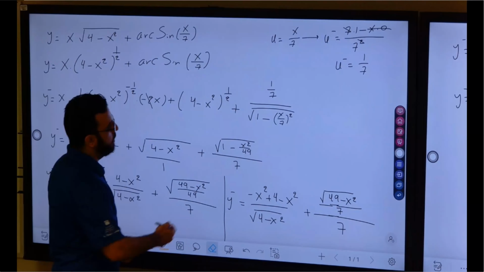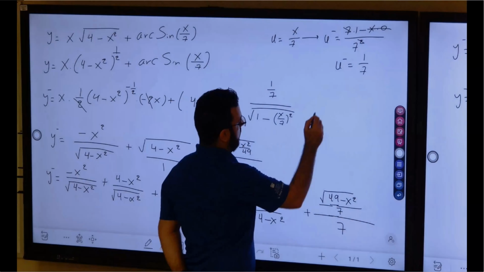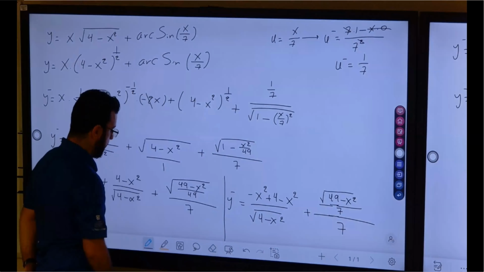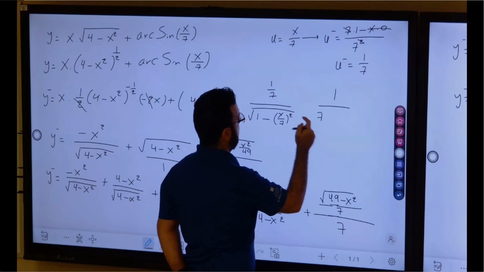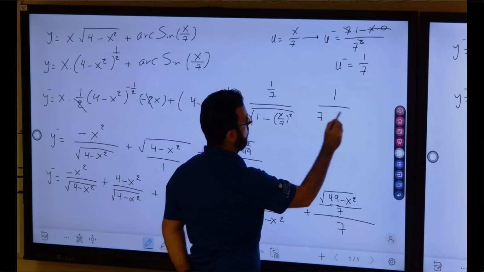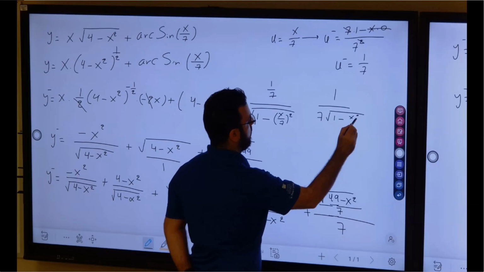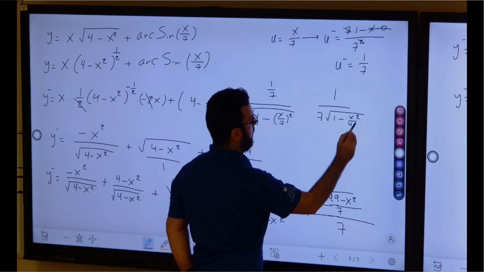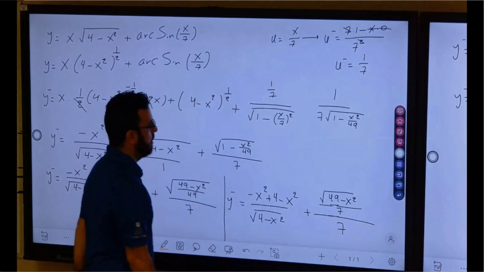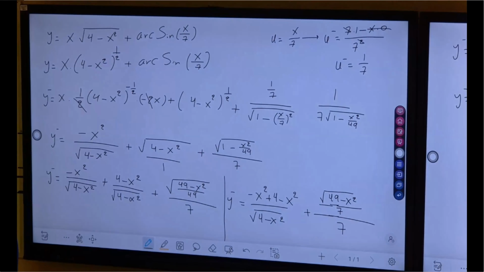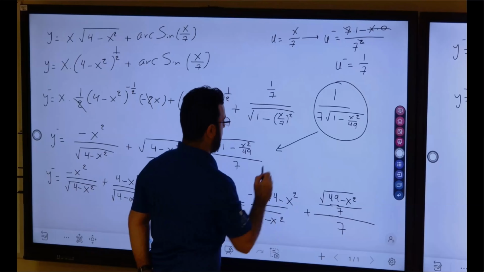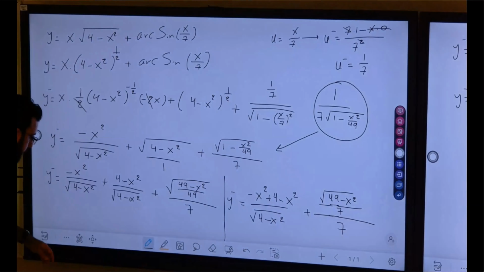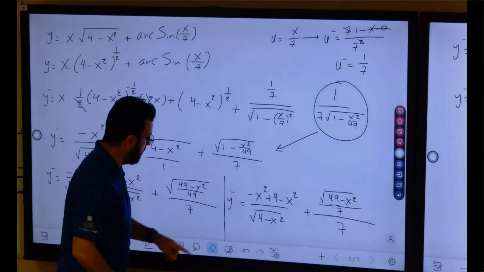So when you flip this one, what's going to be? So 1 over 7, flip this one, so square root is going to be here. 1 minus x squared over 1. What you have? Oh, no, you didn't, you put it on top. Yes. This one is going to be here. So yeah, not that much change. Let's change the whole.